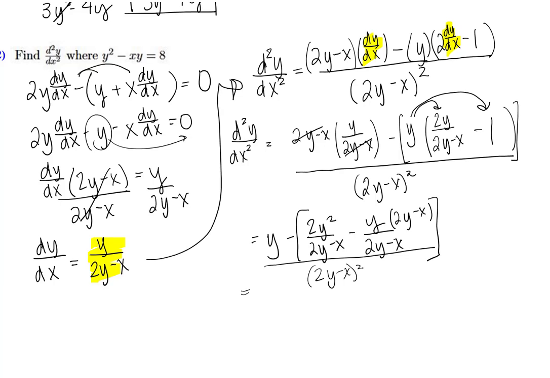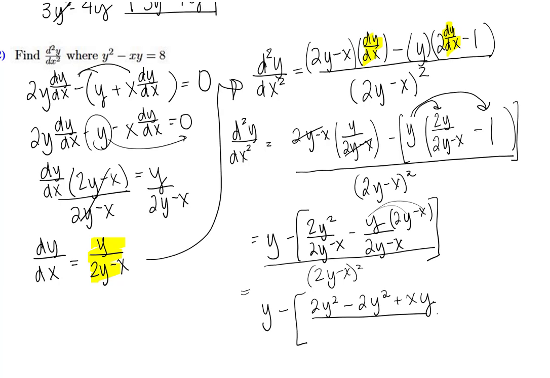Now, let's get this going up top a little bit more. So I have a y minus 2y squared minus 2y squared minus x squared. Sorry, plus xy.